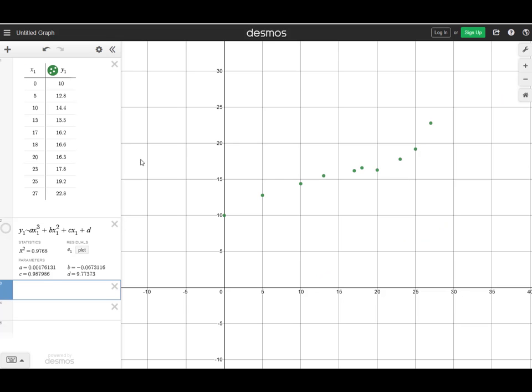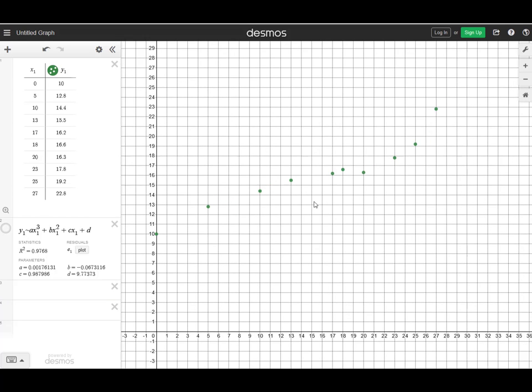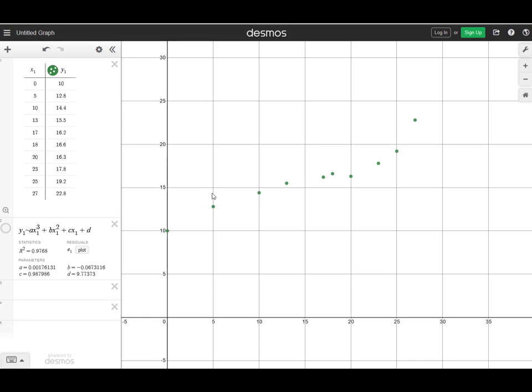Alright, so I typed in the data points on Desmos, and it gave me the scatter points just like we had from the calculator screen. Now I can approximate this relation using a cubic regression model, not linear. The way we do that is to type in a general cubic function. So notice right here what I have. This is a general cubic function: a cube term, a squared term, a linear term, and then a constant.